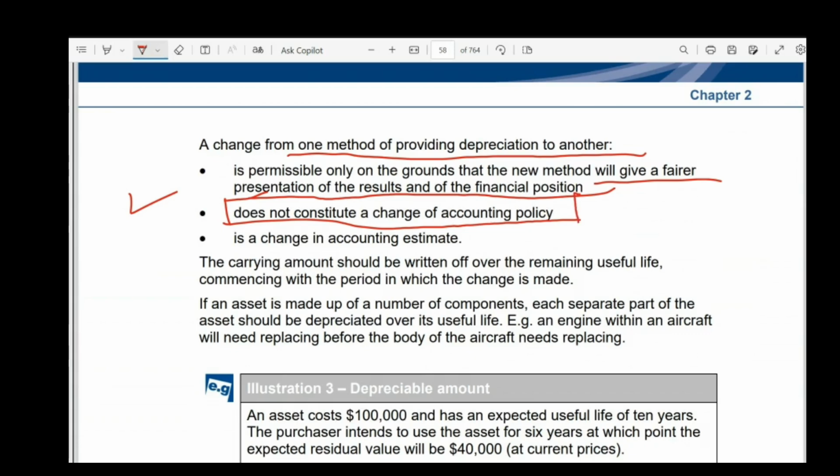It does not constitute a change in the accounting policy. A change from one method to another is a change in accounting estimate. So this is the reason you have to be very careful.